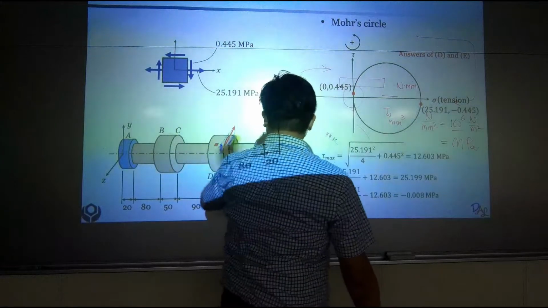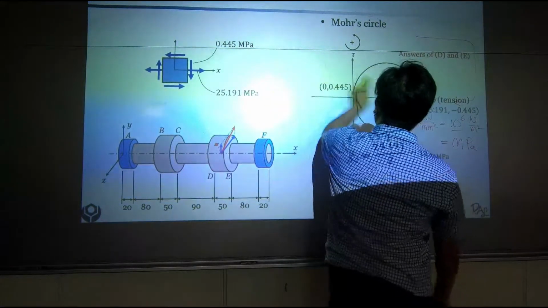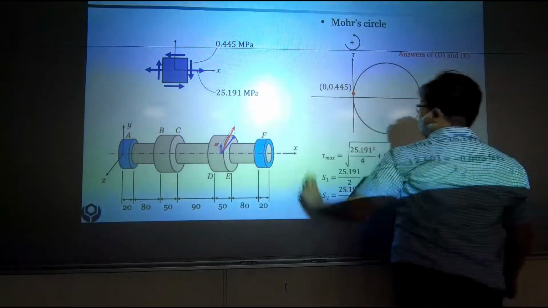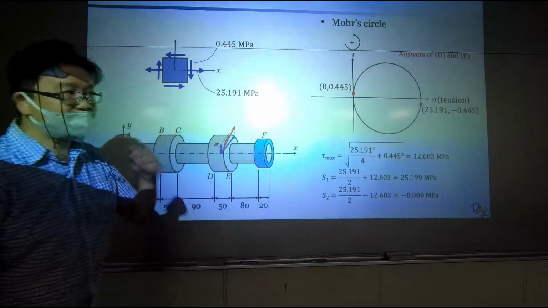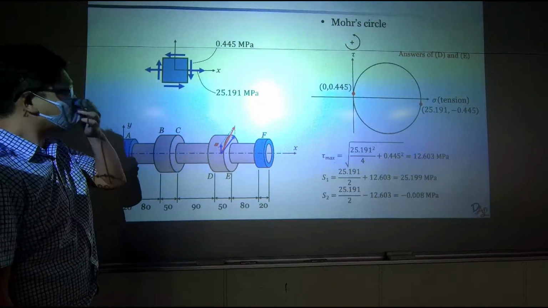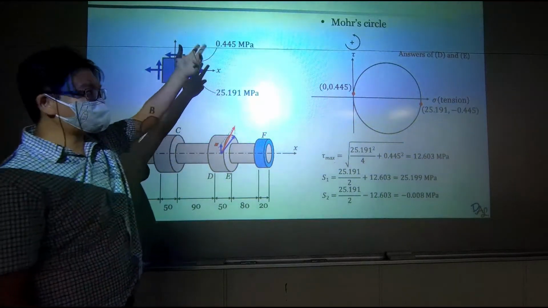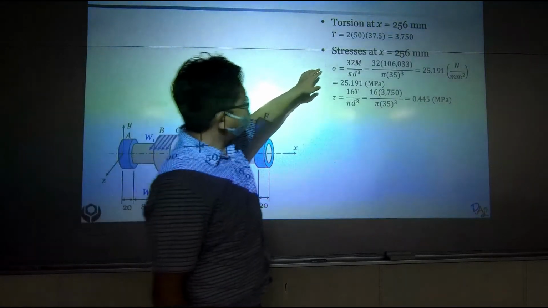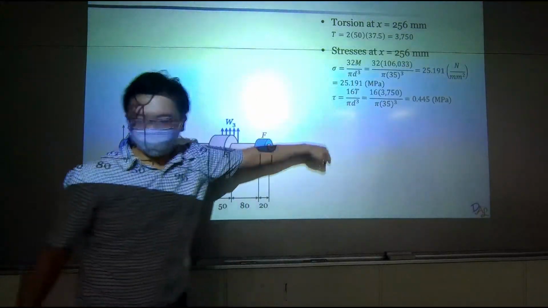Once we have this load diagram, we can use Mohr's circle to analyze the principal stress. This is what we got in the previous slide. We use the equation to get the normal stress and shear stress.